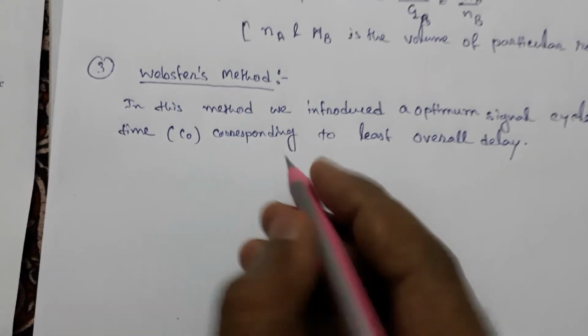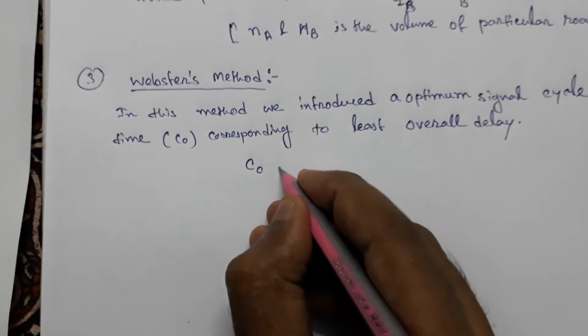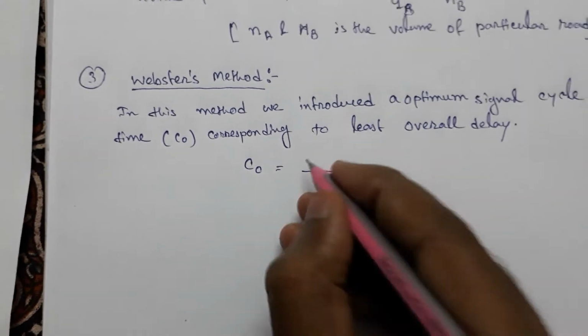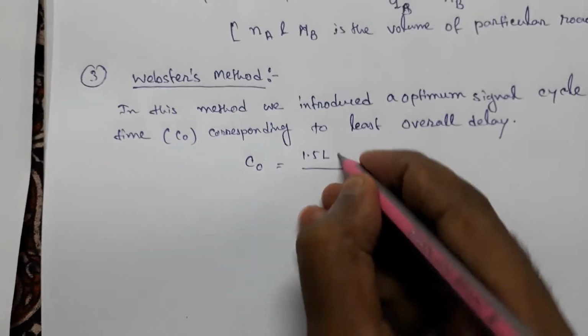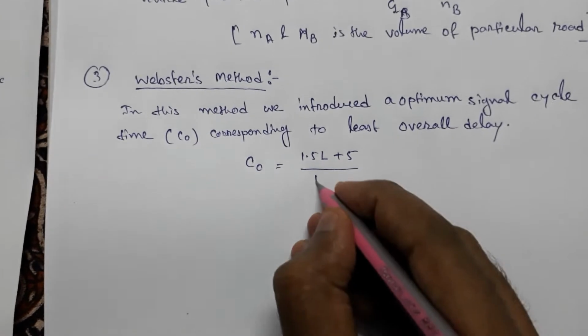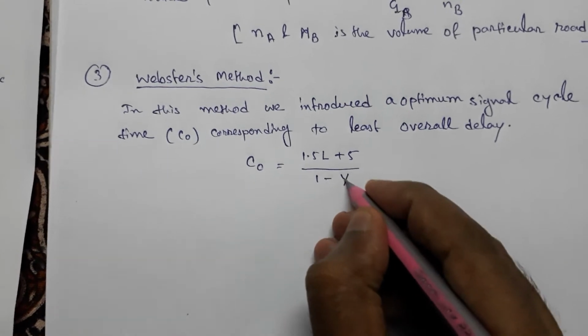Now, what is C0? C0 equals 1.5 L plus 5 divided by 1 minus Y.